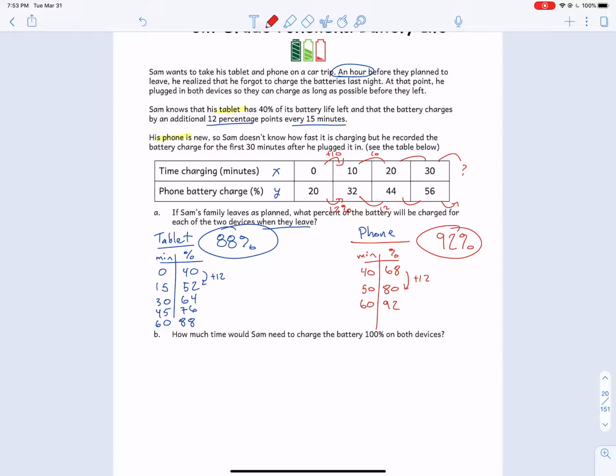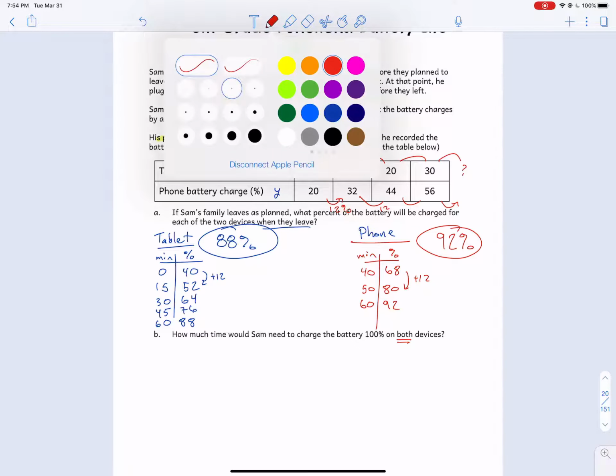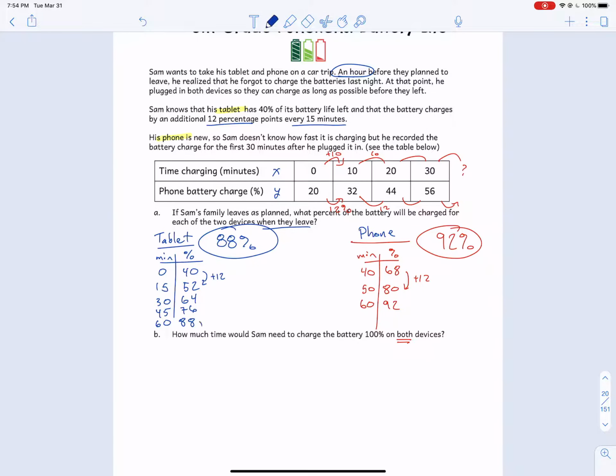Okay, part B. How much time would Sam need to charge the battery 100% on both devices? Okay, so we can see that, it looks like one of them is charging quicker than the other one. So let's continue our table. Let's see if we can find exactly 100%. So on the tablet, if we keep adding 12, right?